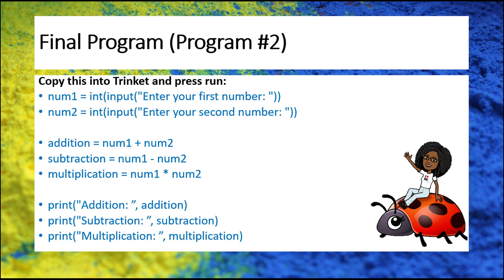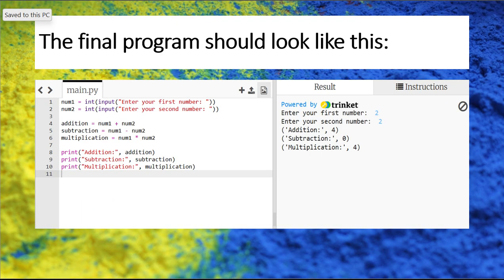Copy this into Trinket and press Run. You can pause the video while you type. The final program should look like this.